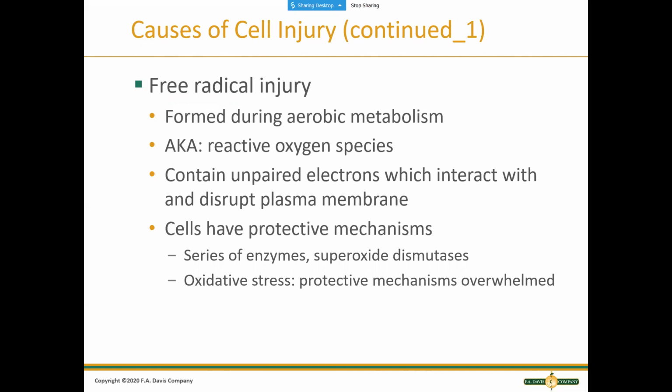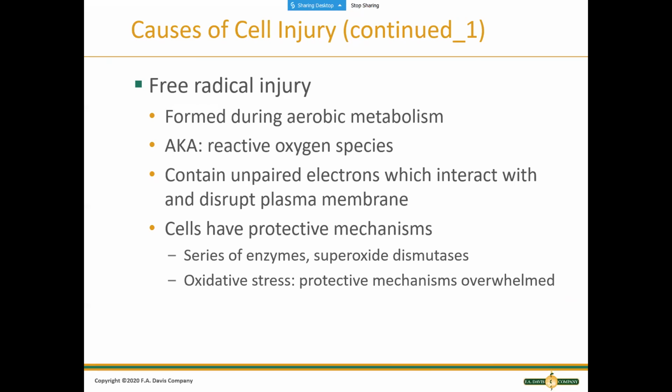And the negative means there's a free electron. There's an electron space that can interact. What it does, the superoxide, is it tends to kill the cell membrane of that bacteria.